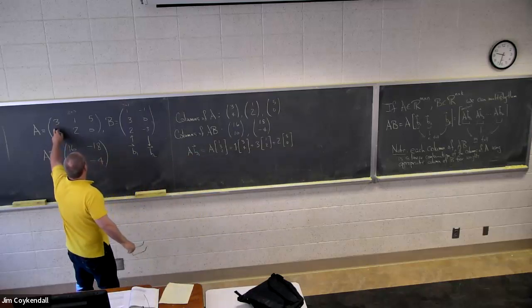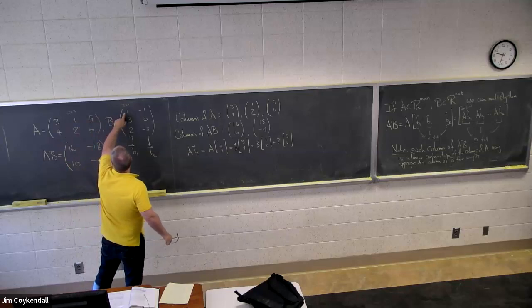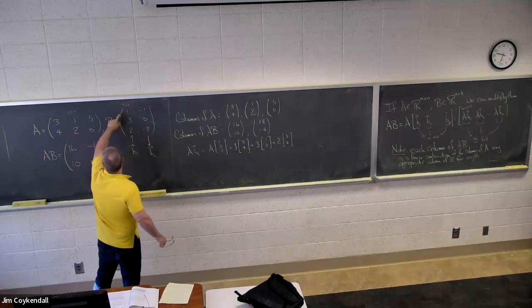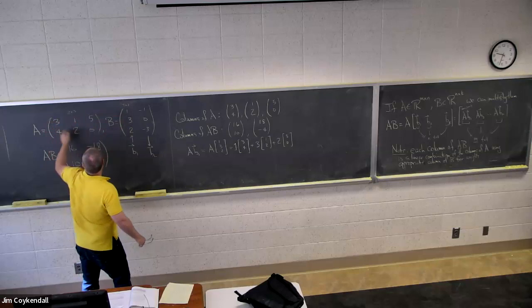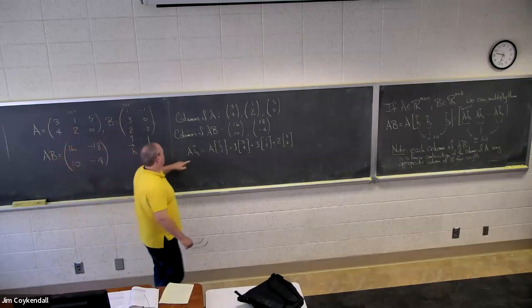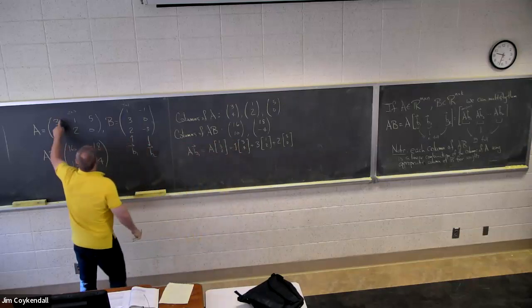Because, for example, the first entry, if you look at the column of B, you get this times this, and then you get this times this. So the first entry in the column is, notice you're multiplying by 1 every time at the beginning of the column, 3 times this and 4 times this. So it's 1 times 3, 4, this first column.